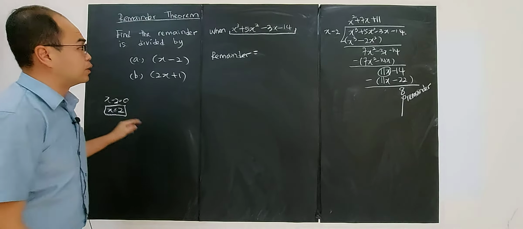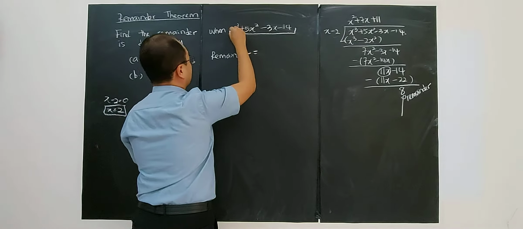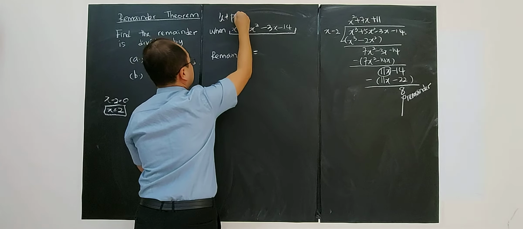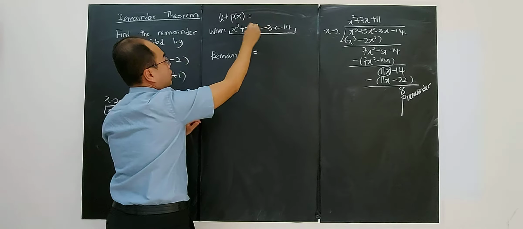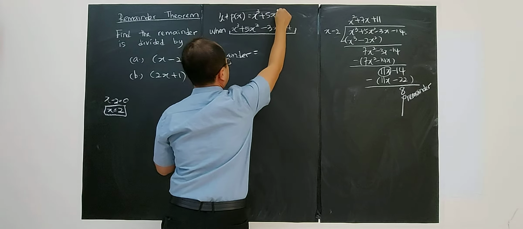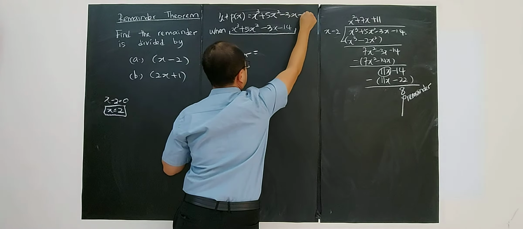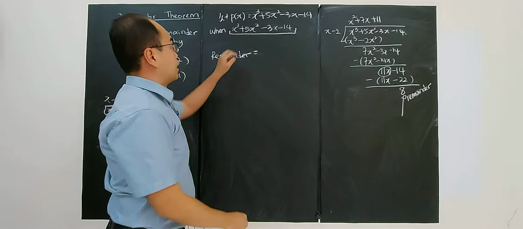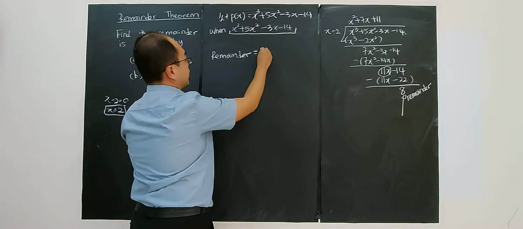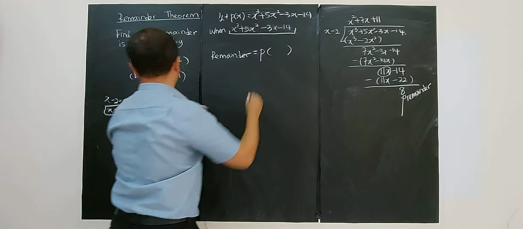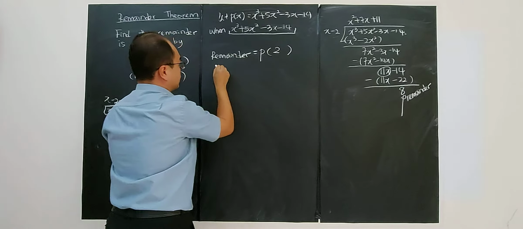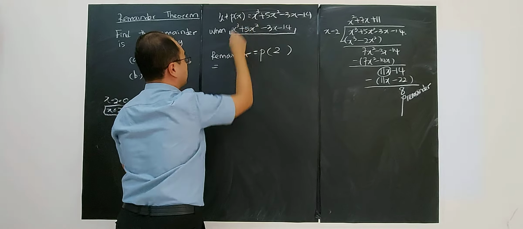Then you put this number into the polynomial. I'm going to let the polynomial P(x) equal x cubed plus 5x squared minus 3x minus 14. So the remainder will be P(2). Very simple: you just substitute 2 into the polynomial.